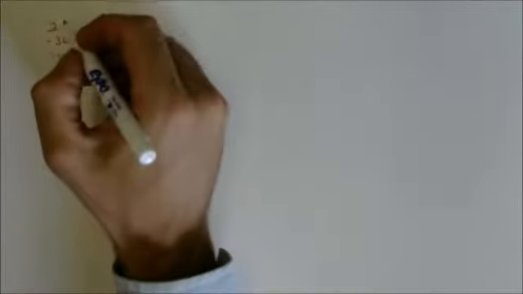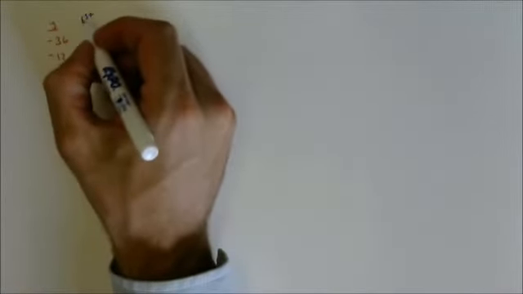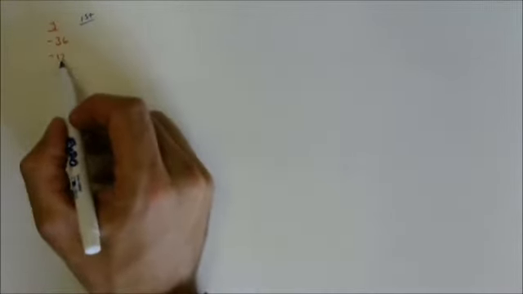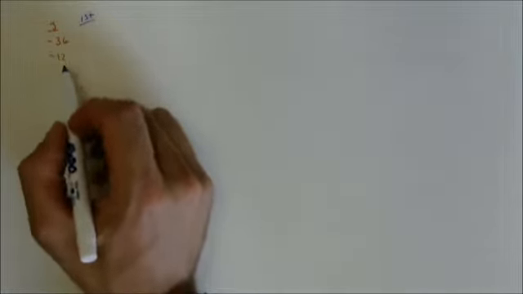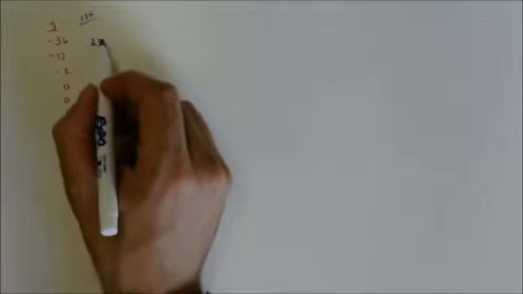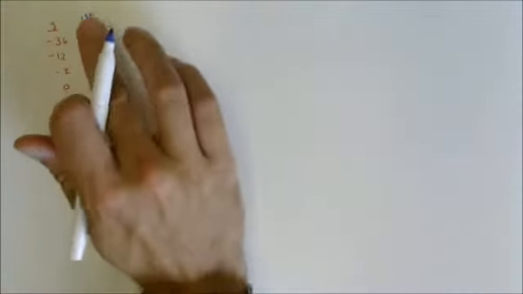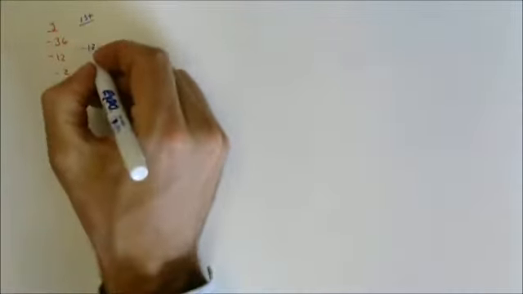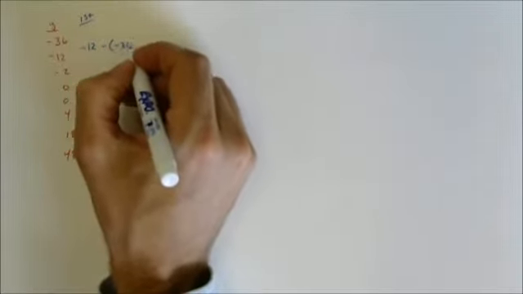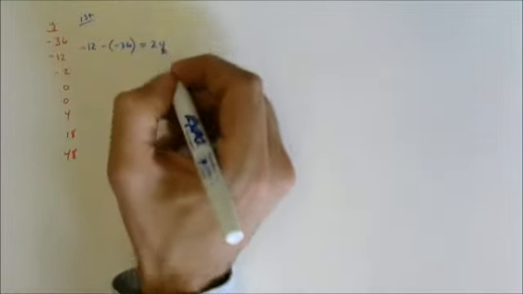Okay, and to take first differences, remember we're taking y2 minus y1. So first differences, we've got negative 12 minus negative 36. Because negative 12 plus 36, that's 24. For the sake of your notes, I'm going to write it out. Negative 12 minus negative 36, 24.